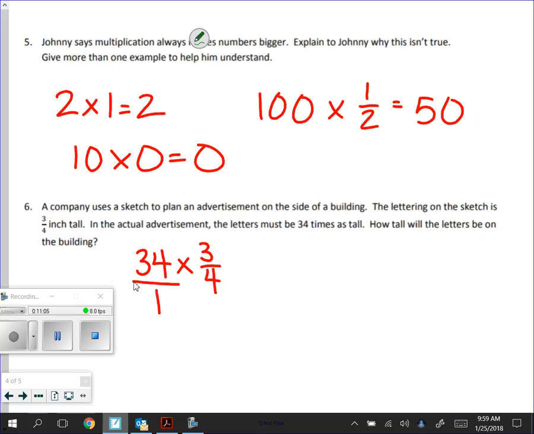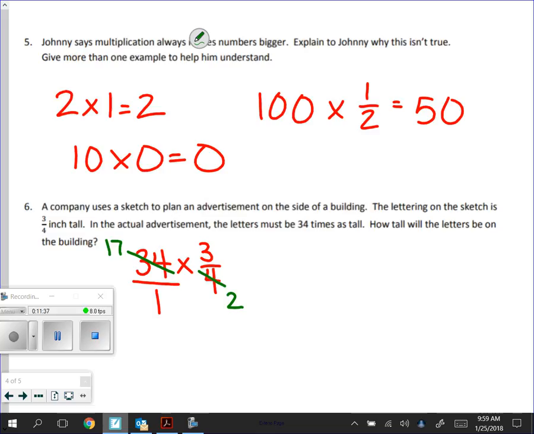Now, again, if y'all don't get it, just don't do it and do the multiplying and the dividing. Is there a number that can go into 4 and 34? What is that? 2. Because they're both even. So 2 goes into 4 2 times. 2 goes into 34 17 times.